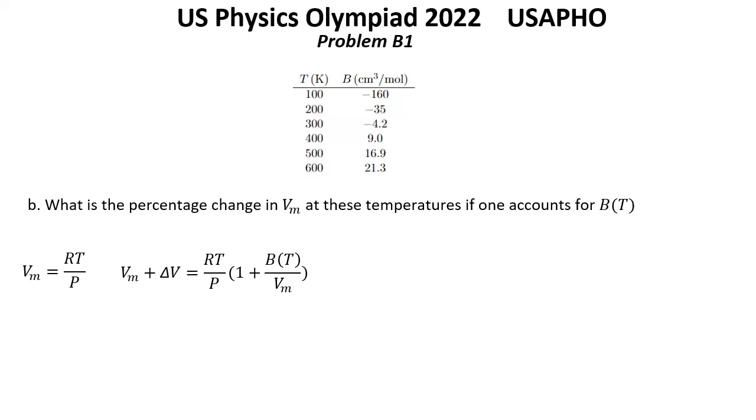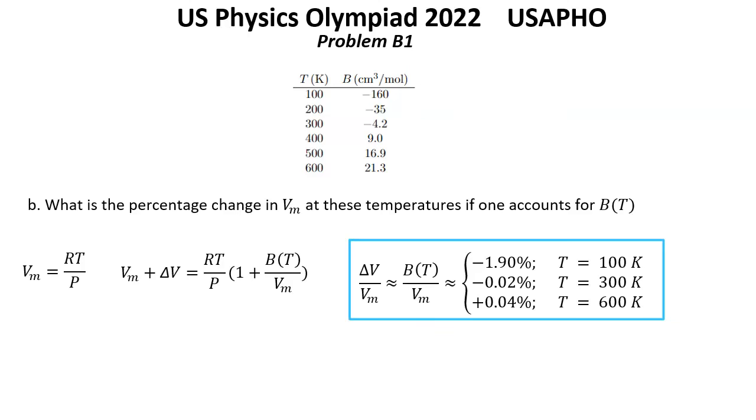The fractional change in volume is this one, delta V over V_m approximately equal B(T) over V_m, which gives us such percentages for 100, 300 and 600 Kelvin. That was the solution for question B.